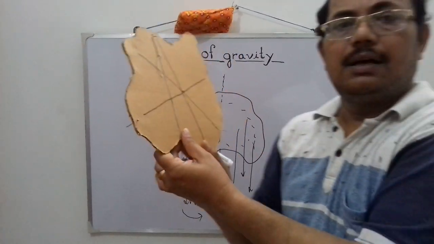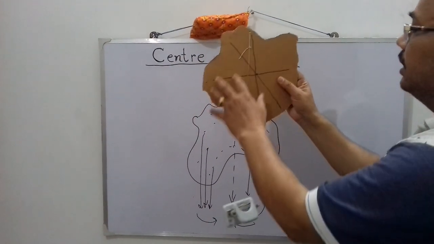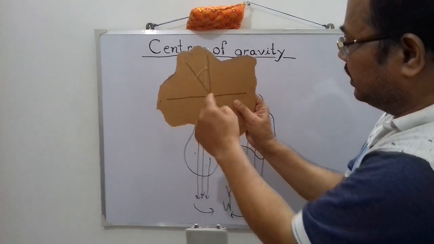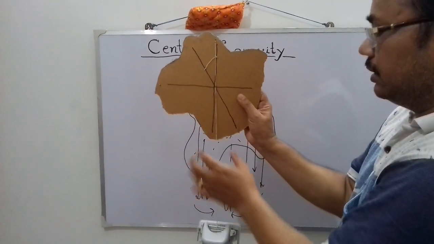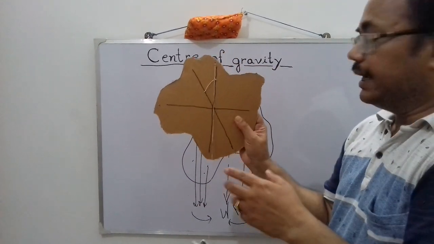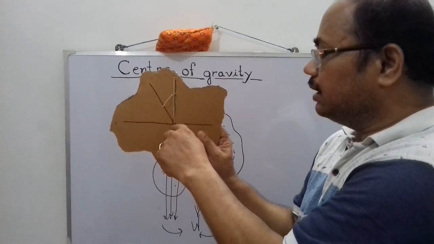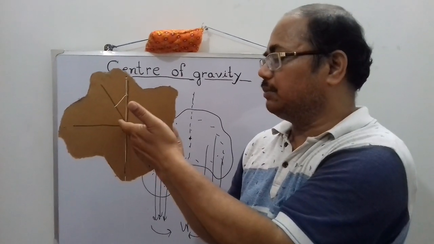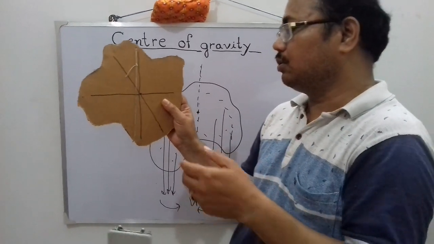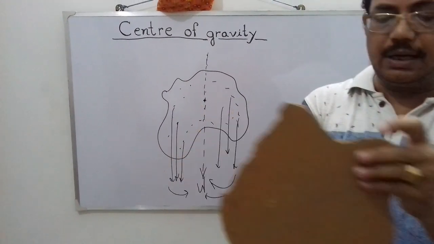So thus you can understand the center of gravity: if we assume the mass is concentrated at this point and take the moment about this vertical line, then the moment is the weight of the object times the perpendicular distance from the point of pivot, the center of gravity, which is 0. So 0 into weight is 0, and the total moment is 0. Thus we can find the center of gravity of any irregular lamina.